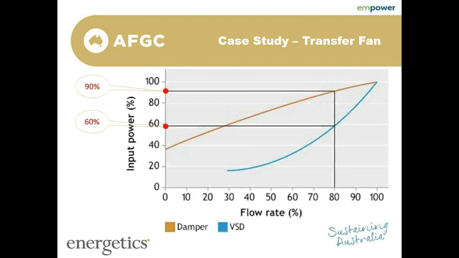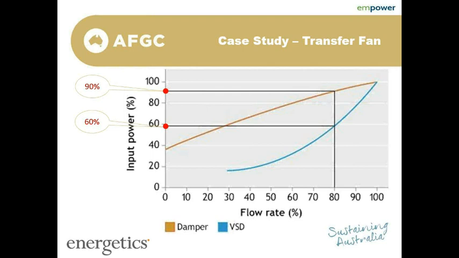Now look at this curve of input power to flow rate. The current situation, with the dampener, is that orange line. Right up in the top right corner, at 100% flow rate, the motor will be using 100% of the input power. Then as the flow rate decreases, moving from right to left along the x-axis, the input power drops as well.